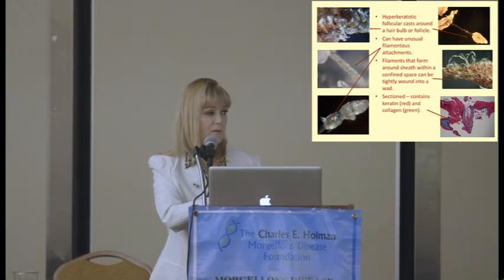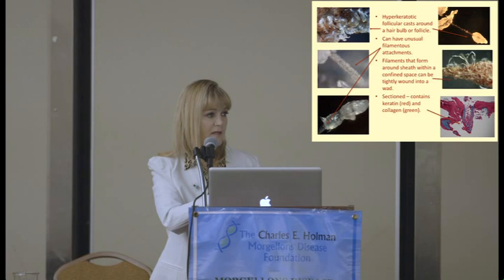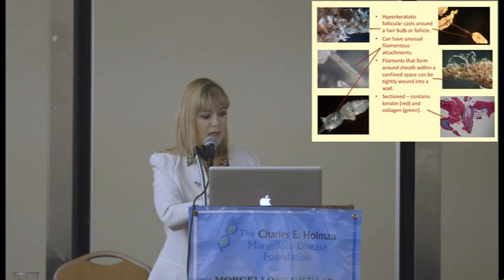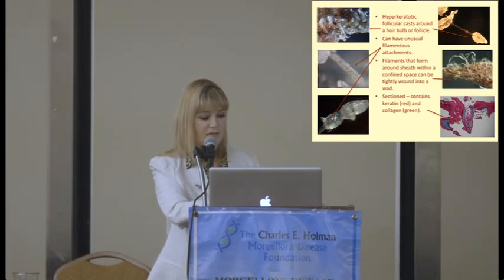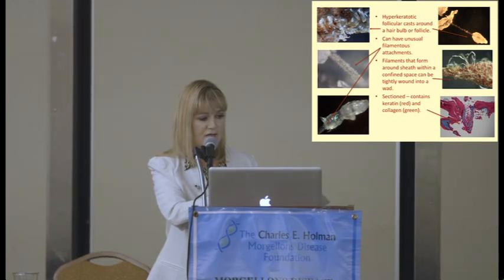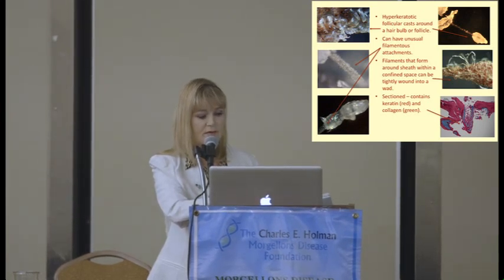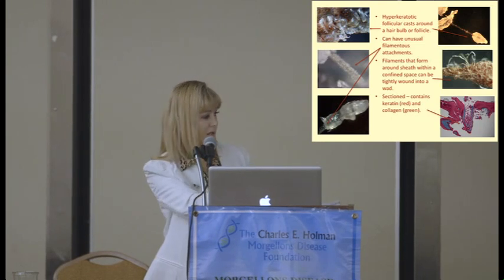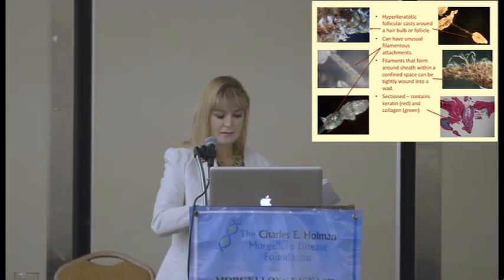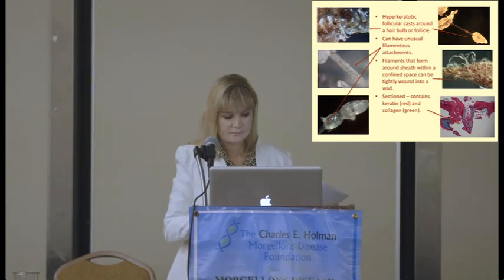Again, if this forms within the confined space of a hair follicle or a pore, it can wind around and cause a little wad. When we sectioned some of these, we found that these keratinized projections or follicular casts are composed of keratin and collagen, and you can see that by the Gomori staining there. So they're red and green, keratin and collagen.